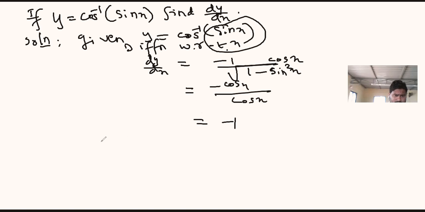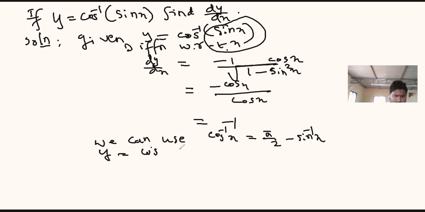So we can use cos inverse of x is equal to pi by 2 minus sin inverse of x also. So given is y equal to cos inverse of sin x.